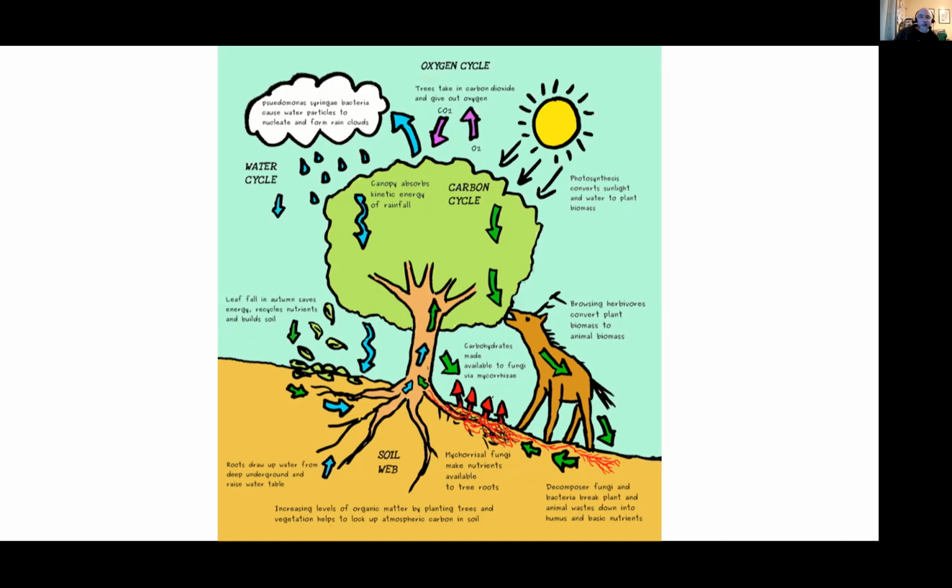So we have our saprophytic fungi that feed on dead wood, and then we have parasitic fungi, which takes carbohydrates and sugars from live trees, but it doesn't actually give anything back. It's a one-way transaction, if you like.